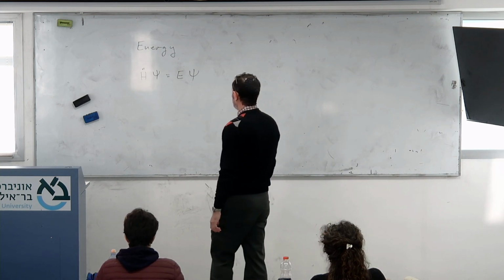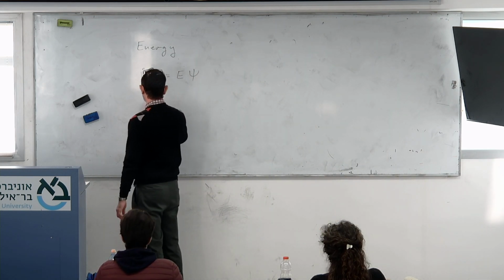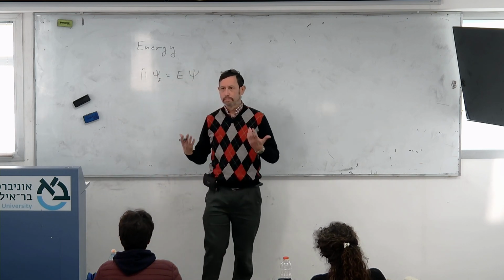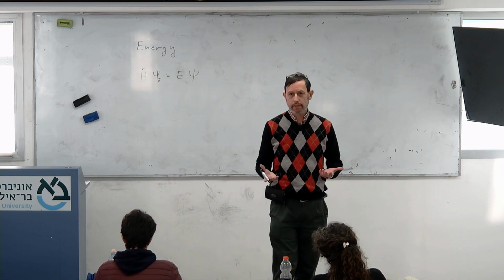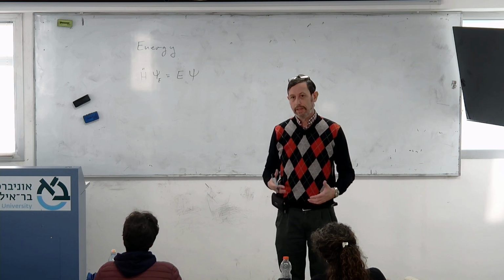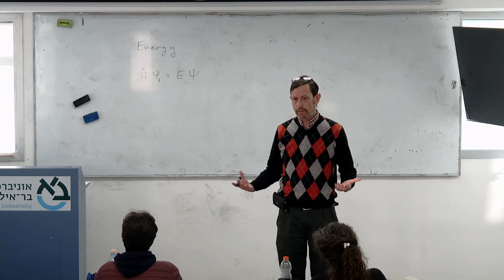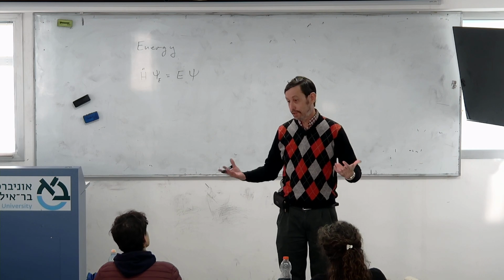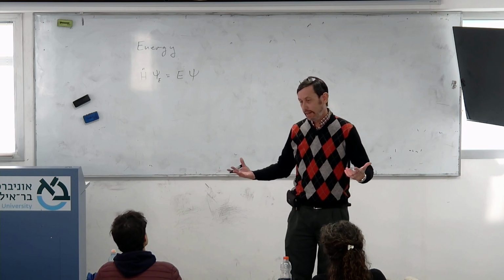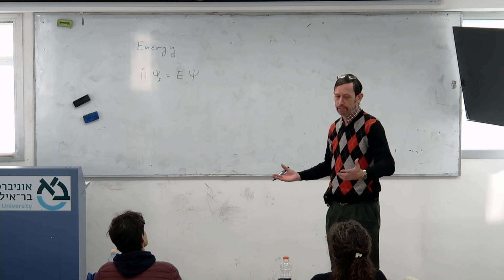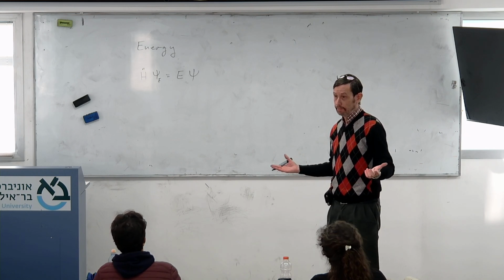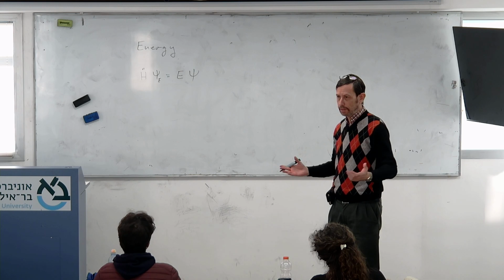So, I get a set of eigenvectors, I get a set of eigenvalues, that is solving the Schrödinger equation, and you just created a basis in the energy basis. Nothing more, nothing less.